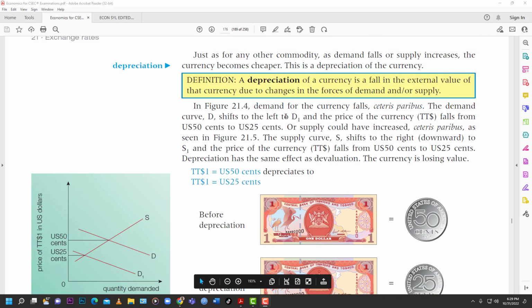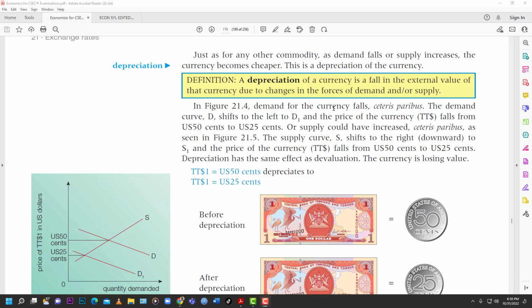That's simply a fall in the external value of a currency due to changes in the forces of supply and demand. So they're saying that if for whatever reason nobody wants my currency anymore, the demand for my currency drops, and it's in a floating system, then the value of that currency has depreciated.